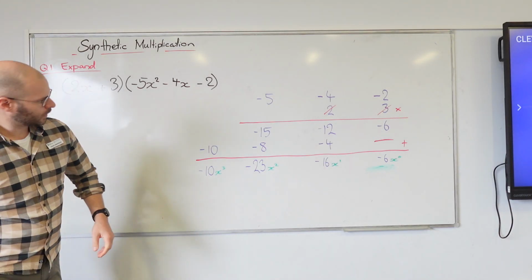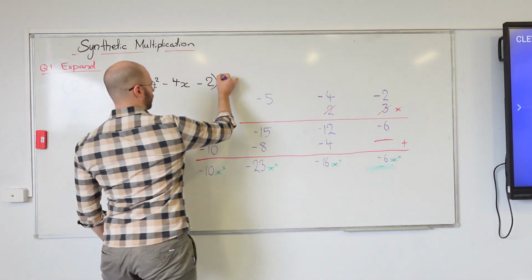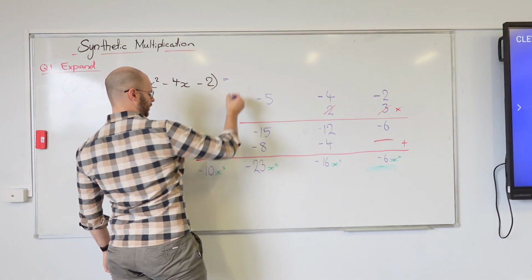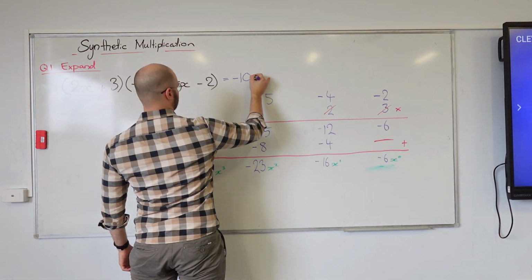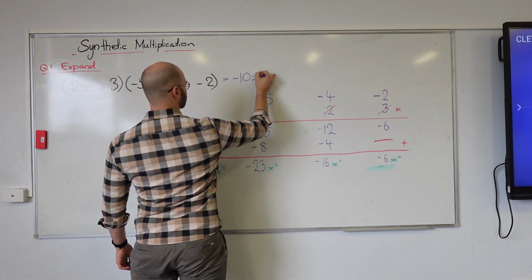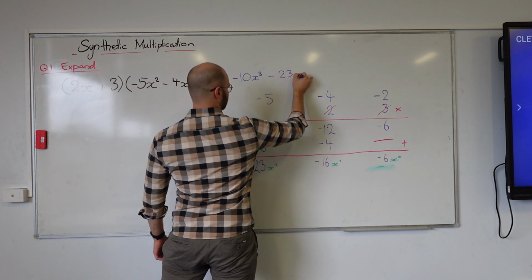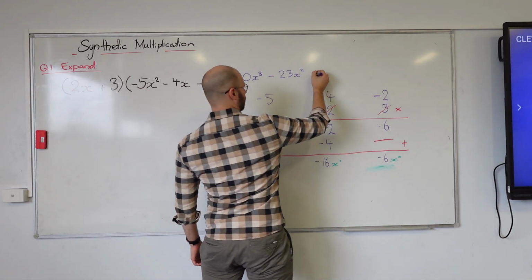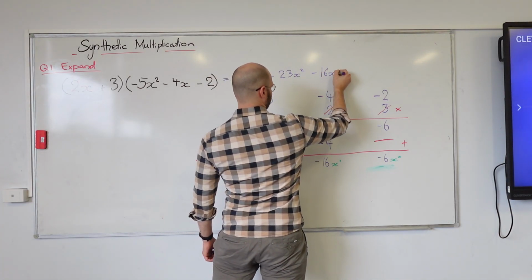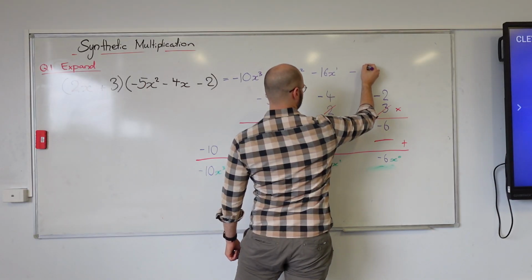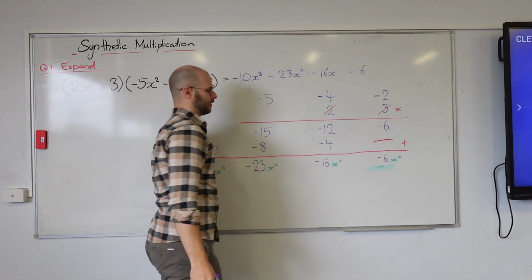So when we expand this out, we get −10x³ − 23x² − 16x − 6, and we don't need to write x to the 1 or x to the 0.